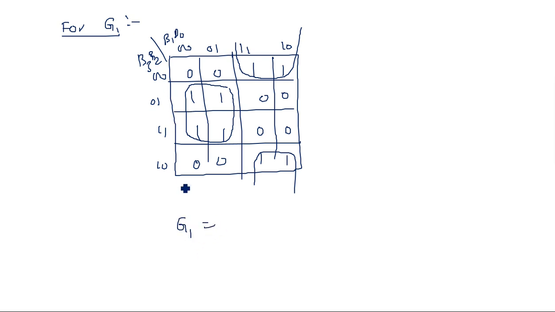G1 is equal to, from this we have B2 B1 bar, plus here we have B2 bar B1. So what is this? It is the XOR operation between B1 and B2. So B2 XOR B1. This is the G1 expression.